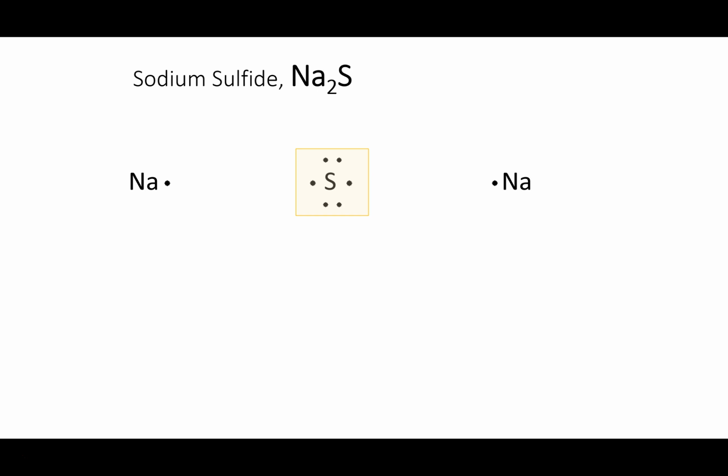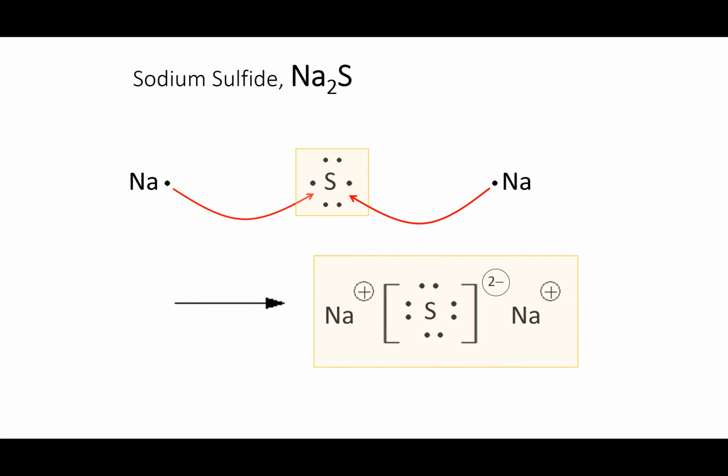It's 6A, and so we have 6 dots around it. So what happens is the sodium is going to kick off its valence electron. The sulfur is going to take in 2 electrons. And in doing so, the sulfur now collectively has a -2, it's a -2 anion, and each of those sodiums are a +1 cation. I'll take my marker and write it underneath there.